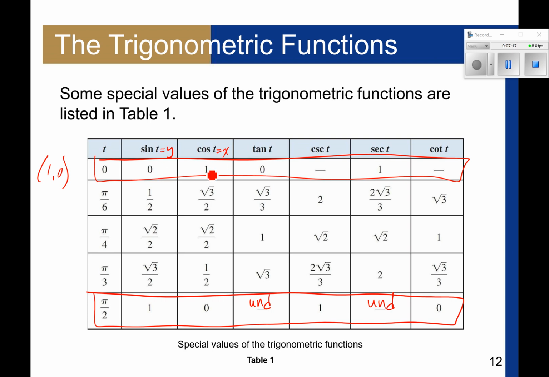And tangent, sine over cosine, 0 over 1 is 0. And our cosecant is also undefined. The secant is the reciprocal of cosine, so 1 over 1, well, that's 1. And if tangent is 0, the cotangent, the reciprocal of that, is undefined. Again, it's a video. You can pause it.